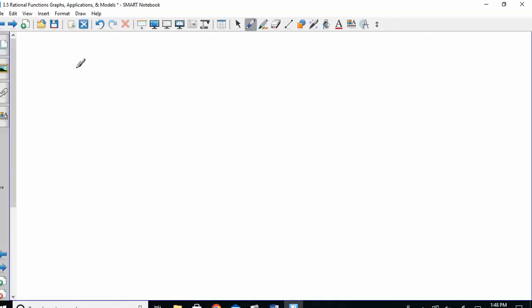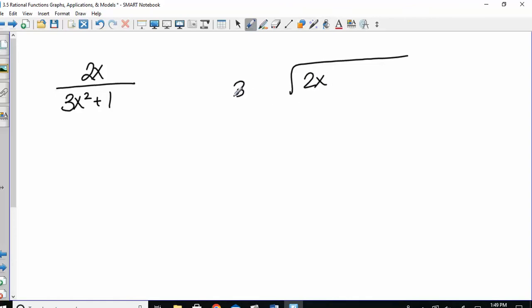So I told you you get a horizontal asymptote of 0 when the top degree is smaller than the bottom degree. Right? So if I said like 2x over 3x squared plus 1. What's the degree of the top? 1. What's the degree of the bottom? 2. So this is really saying you're dividing these things, right?